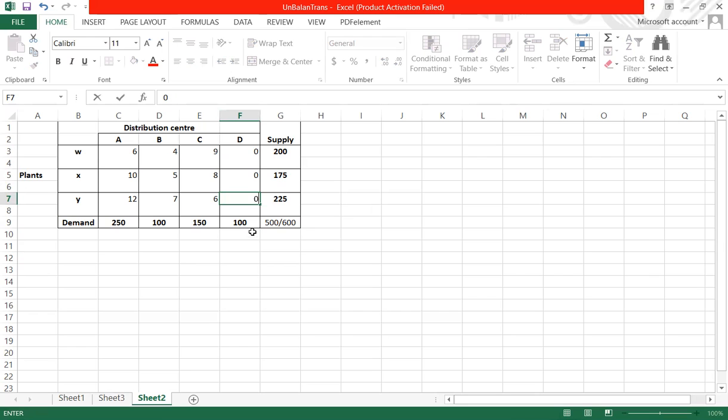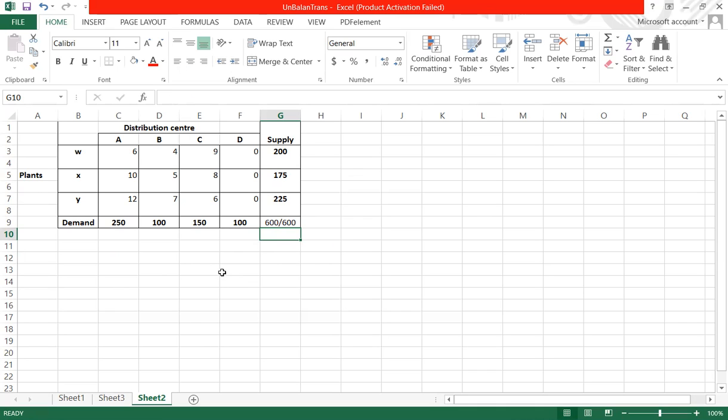Therefore, now the demand and supply are equal, 600 and 600. Now you can solve this transportation problem by the normal methods that we have discussed before.